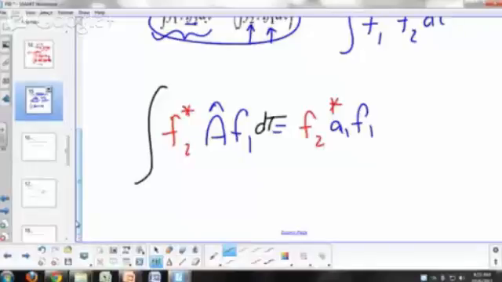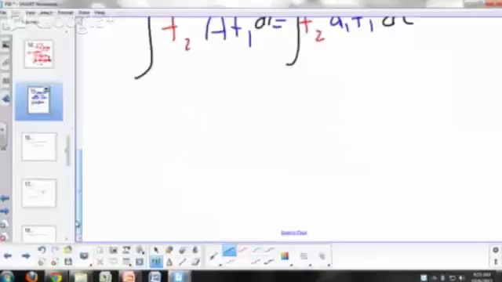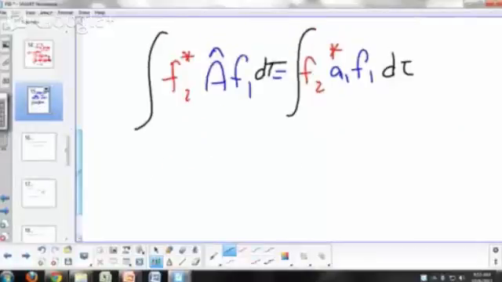So integral d tau on both sides. Okay, let's simplify this. What's a hat f1? f1 is an eigenfunction.